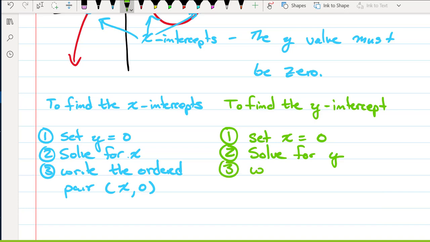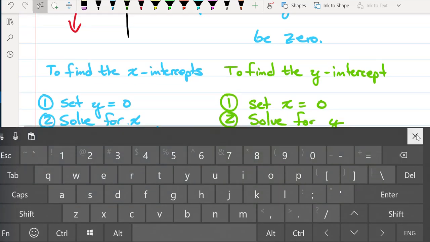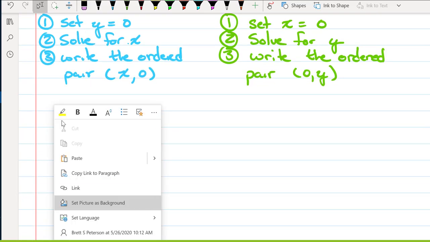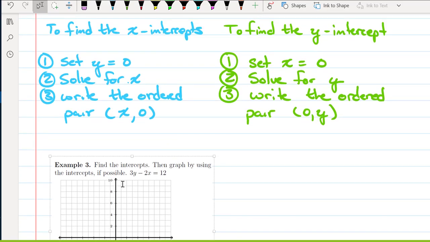And then 3, we're going to write the ordered pair 0, comma, y. So these two processes are very, very similar. We set the opposite variable equal to 0 and we solve for it. When we do so, we're going to find the ordered pair that represents the intercepts. All right. So now, after that, we're ready to do our next example.